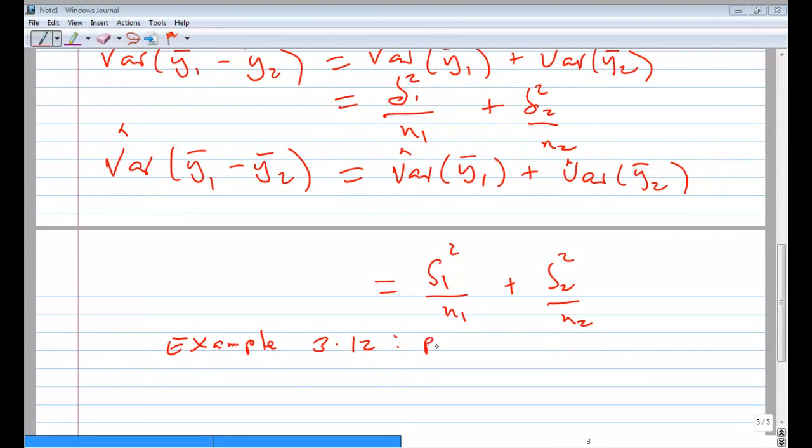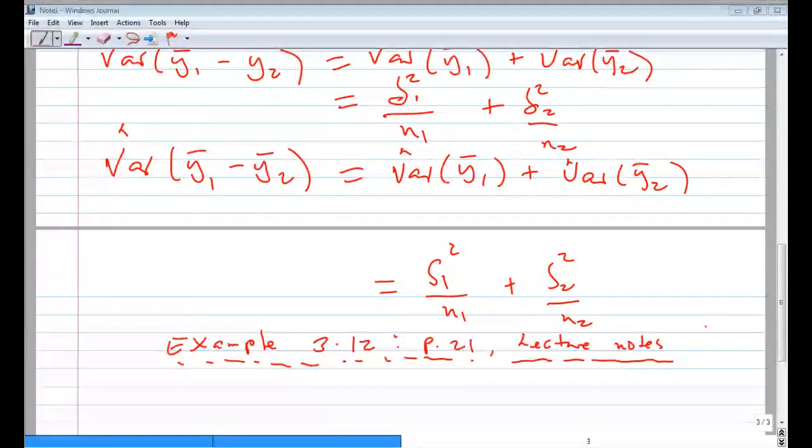That is page 21 in the lecture notes. Okay. So let me just give you a few minutes just to analyze that example, then we can start doing it.